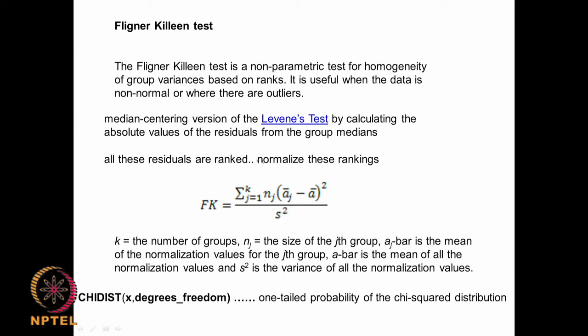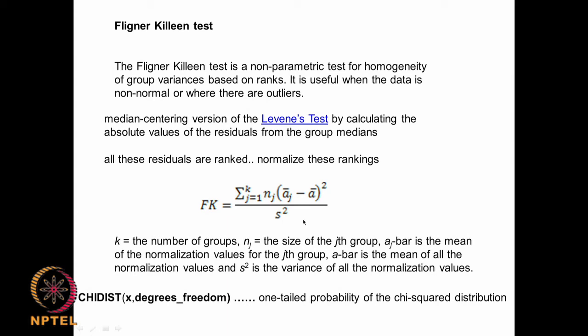Okay, we can do this, and after that we can check it using the one-tail probability of the chi-square distribution to see whether they follow the chi-square distribution, okay, as simple as this.